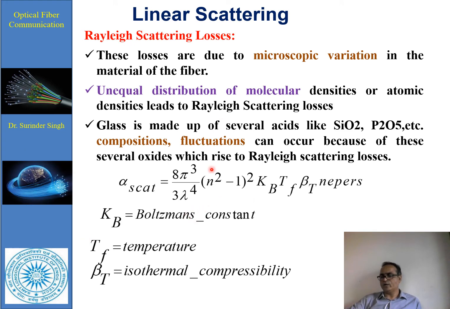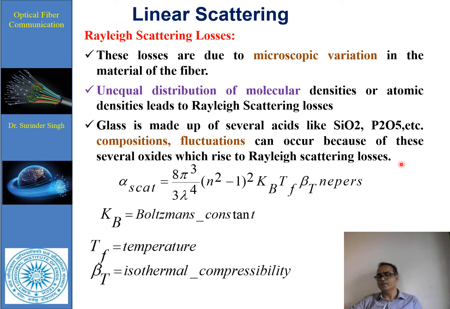If we have to calculate the Rayleigh scattering coefficient, that is also possible. We can calculate it using the Rayleigh scattering coefficient gamma R, and the formula is the same, 8 pi cubed over 3 lambda 4, but instead of n we use n to the 8, p squared, beta C and Tf.